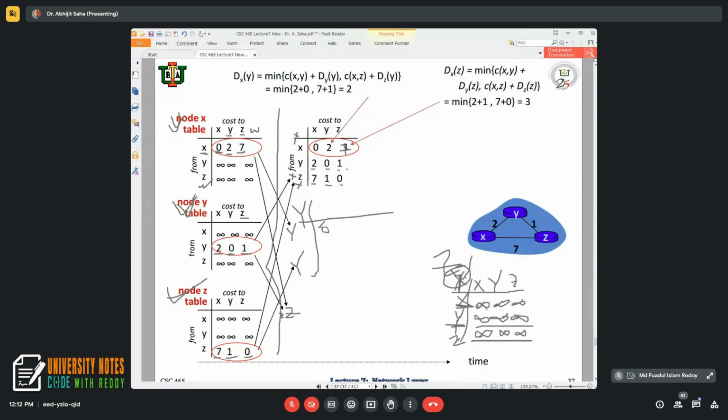Same thing, here it is going to be 0, 2, 7 for X and 2, 0, 1 and 7, 1, 0. Isn't it? Understand or not? Yes sir, because Y has values and it takes the update from X as well as from Z. So all the values are going to be the same, isn't it? Yes sir. Okay, just a moment.